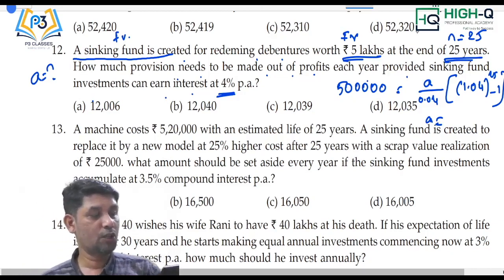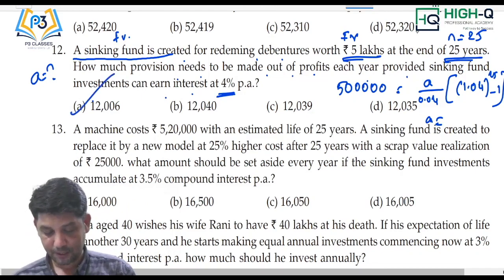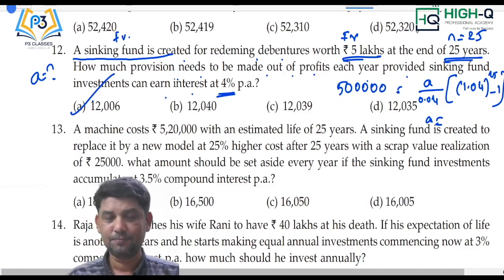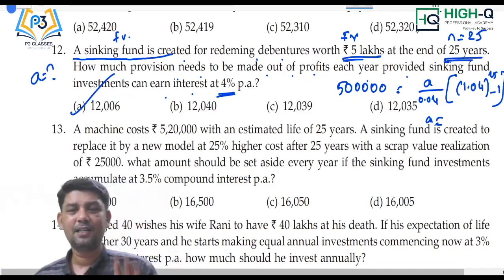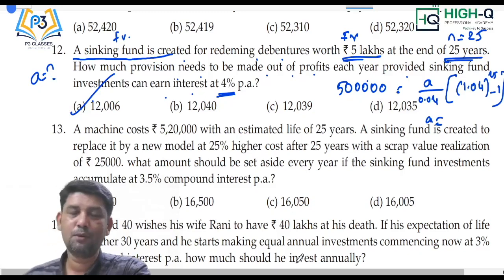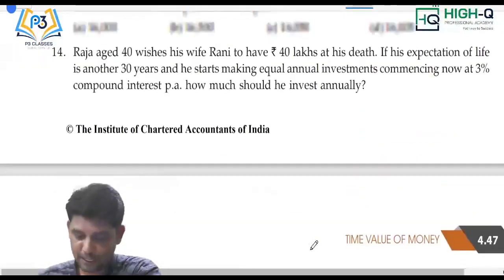Wow, I get 12,005.98, approximately 12,006. That's it. This is the maximum time we can give for this sum, hardly 30, maximum 50 seconds. That is the maximum time you can give for these types of sums. If you start giving more time for these sums, you will never be able to complete.